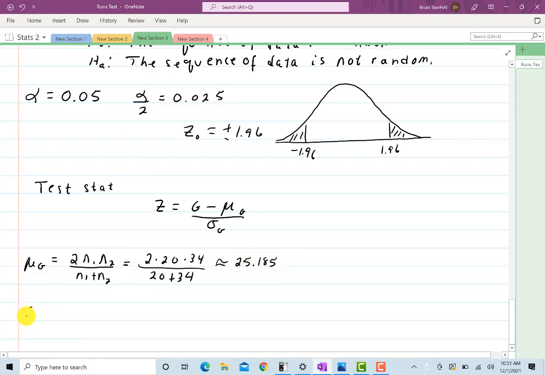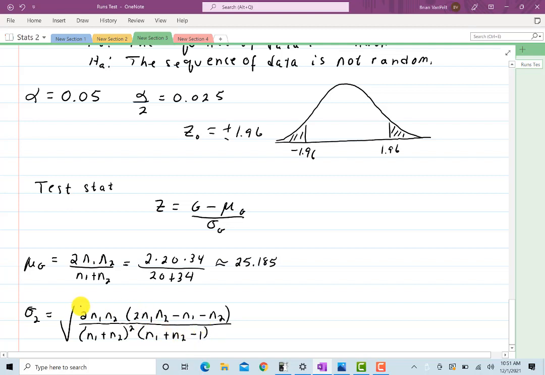All right, then sigma sub g, that one is much more complicated. 2n1 n2 times 2n1 n2 minus n1 minus n2. All of that stuff is divided by n1 plus n2 squared times n1 plus n2 minus 1.